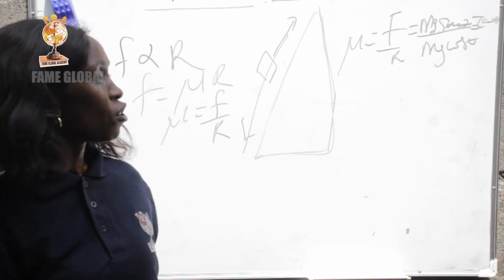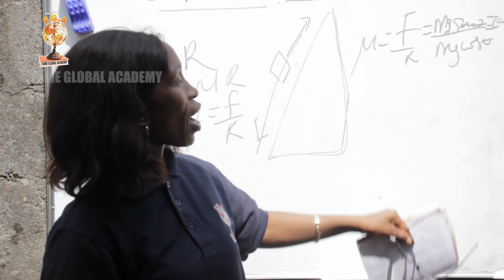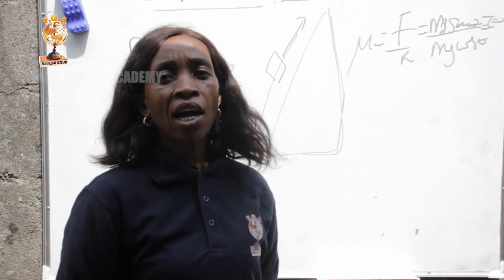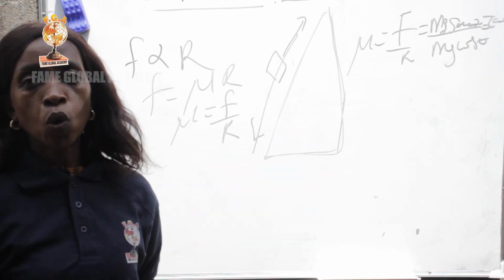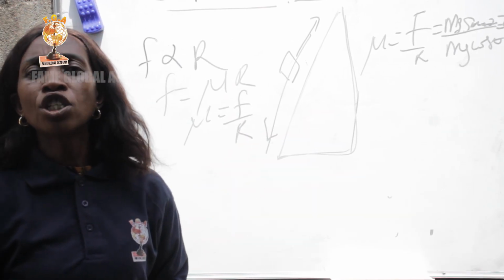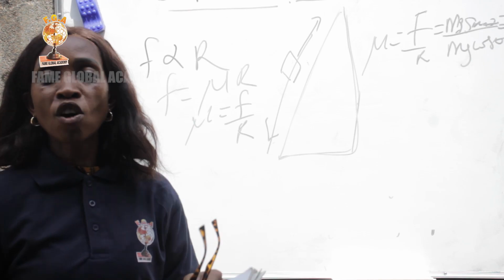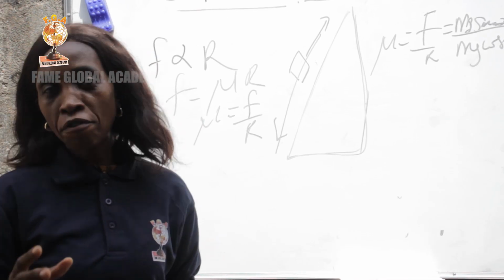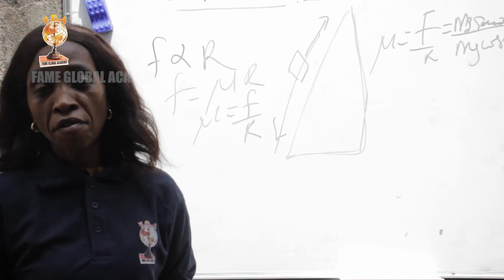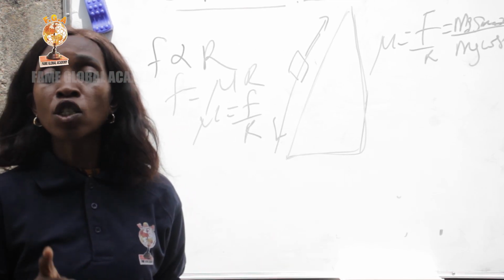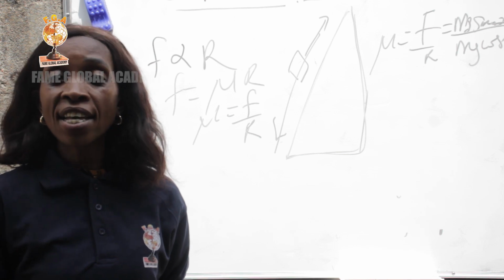The frictional force there is mu equals F over R, which is mg sine theta over mg cos theta, and then it's equal to tan theta. Then we did some calculations on how to solve problems involving friction using the formula mu equals F over R. Remember, your mu is the coefficient of friction that has no SI unit.